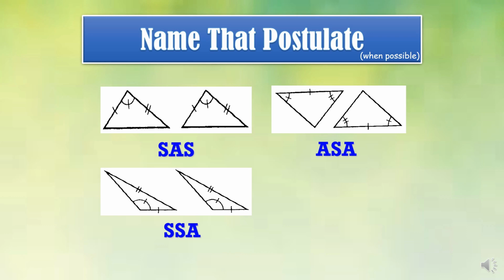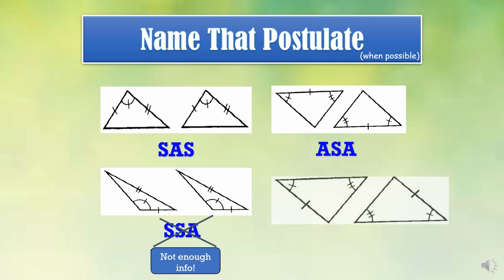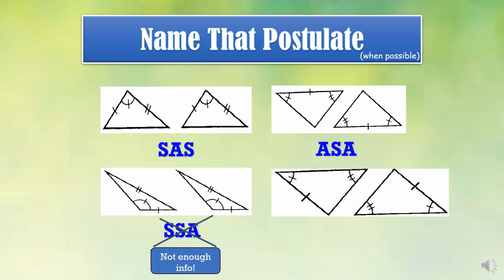I guess we don't. So therefore, they are not congruent because there is not enough information. Okay, next. Can you guess it now? You have AAS congruence postulate and they are congruent.